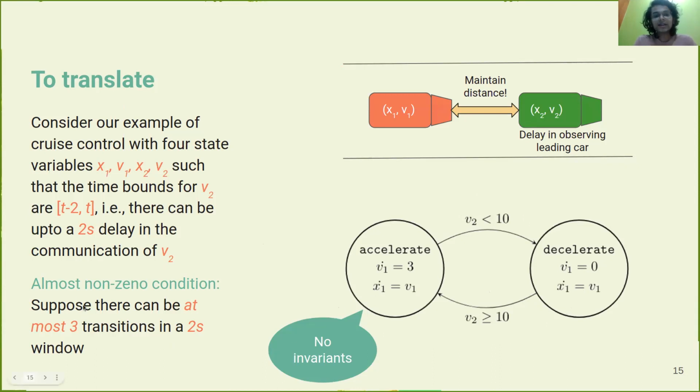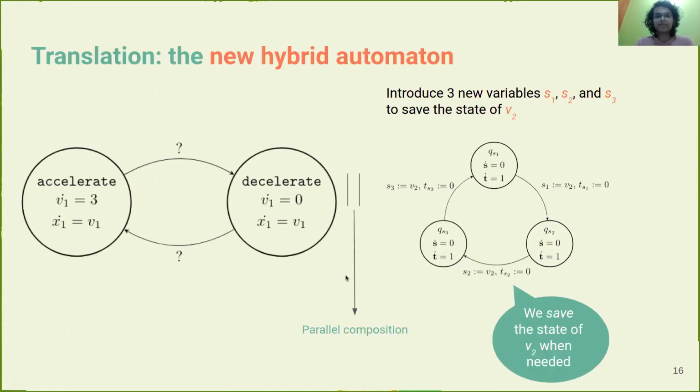And since we need the almost non-zero conditions, we impose that there can be at most 3 transitions in any given 2-second window. That is, within any period of 2 seconds, there can be at most 3 transitions which can take place within this hybrid automaton.